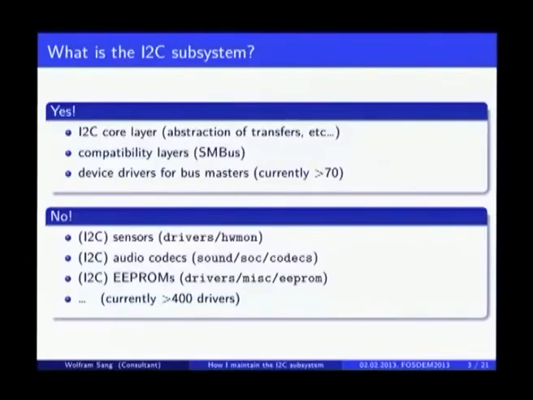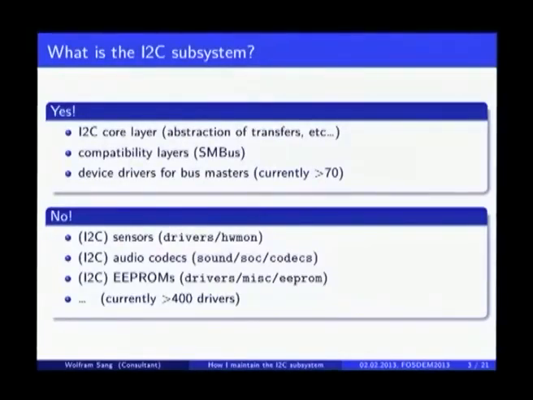So what does the I2C subsystem control in the Linux kernel? There is a core involved, which is handling all the protocol, how messages have to be formatted, in what order they have to be transmitted, all that kind of core mechanism I have to take care about.